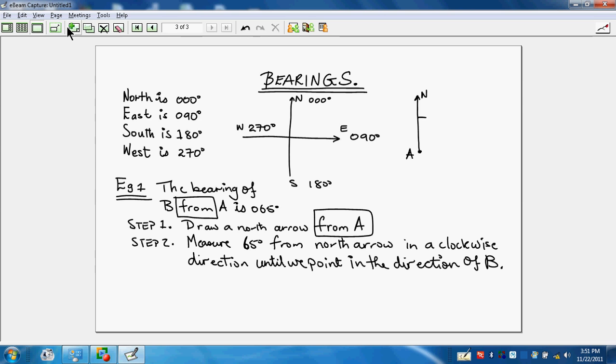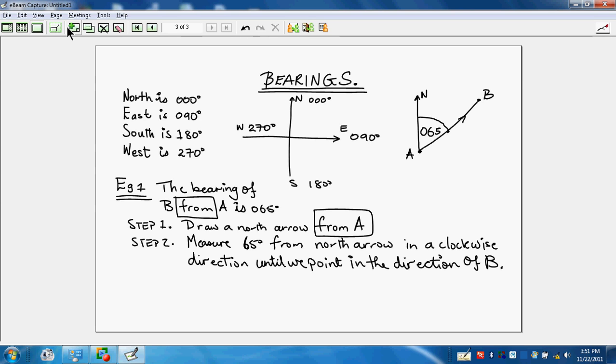So if we measure our 65 degrees, let's say it took us to this point, then we would draw our arrow pointing towards B, because we have to measure that 65 degrees from the north arrow in a clockwise direction until we point in the direction of B. So B would lie along that line, and this here will be 65 degrees.